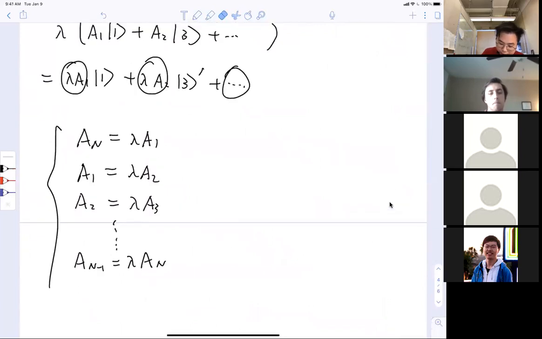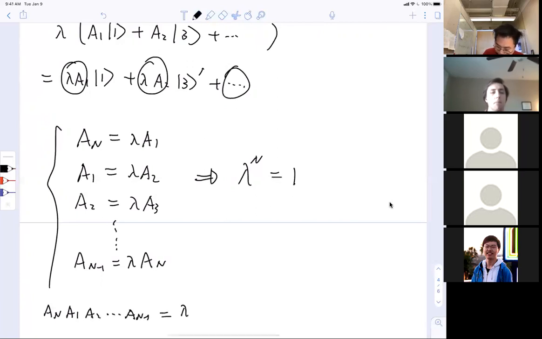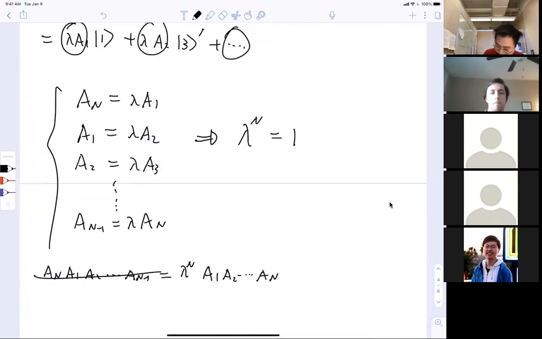So you notice that this implies lambda to the nth power equals 1, because if you multiply all the equations together, the left-hand side gives us An, A1, A2, up to A(n minus 1), the right-hand side gives us lambda to the nth power, and A1, A2, up to An. And this cancels out, leaving lambda to the n equal to 1.